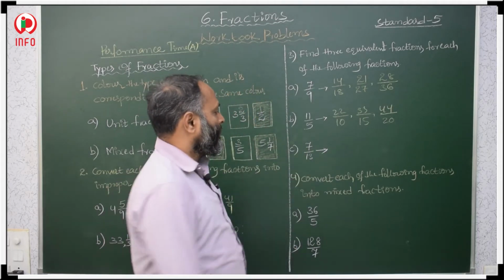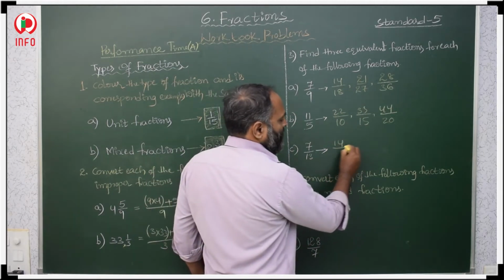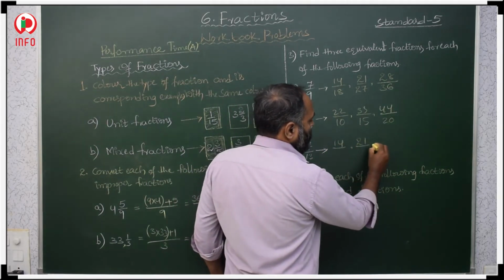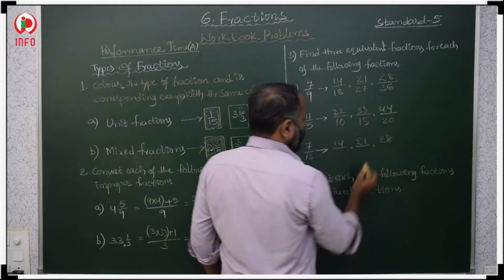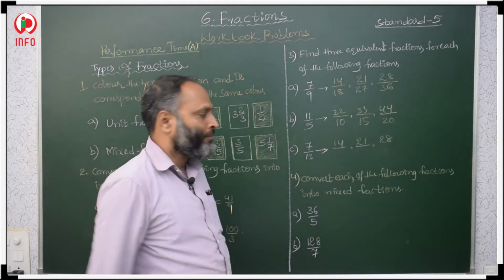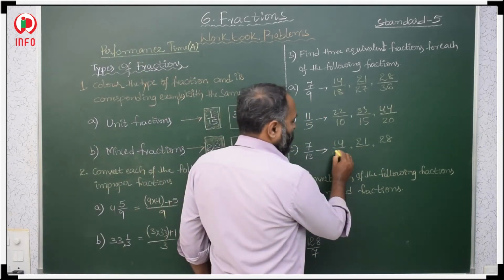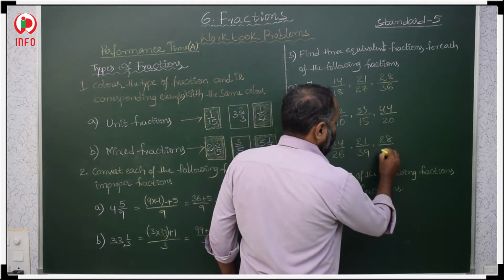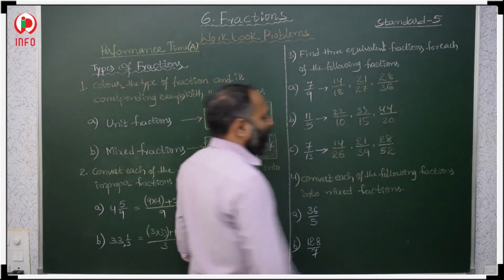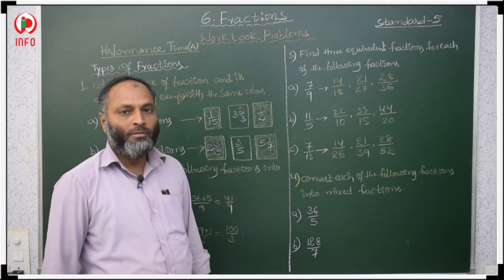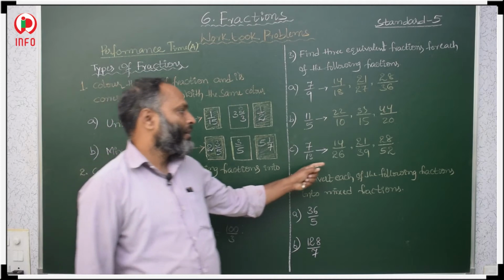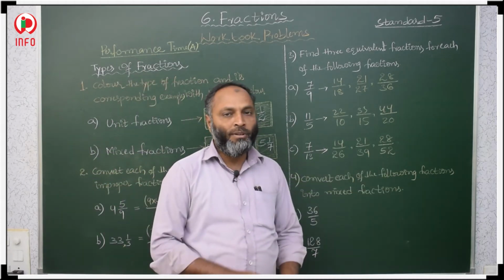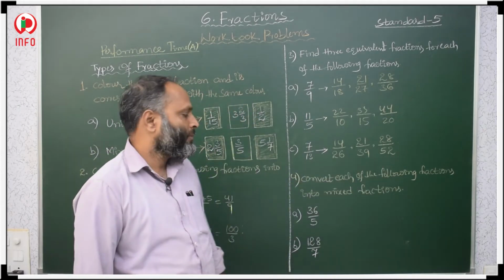Here 7 2s are 14, 7 3s are 21, 7 4s are 28. Next 13. 13 2s are 26, 13 3s are 39, 13 4s are 52. So in this way we write three equivalent fractions of a given fraction.